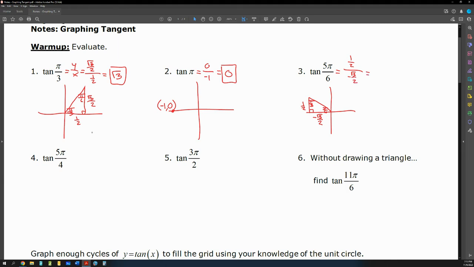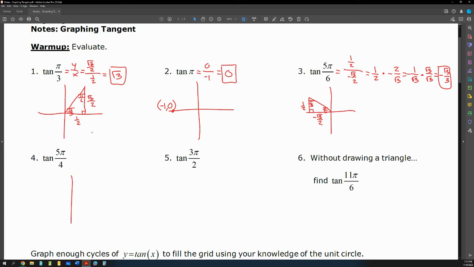So this is equal to 1/2 divided by -root 3 over 2, or multiplied by the reciprocal, times 2 over root 3, negative. We get -1 over root 3, and rationalizing the denominator by multiplying by root 3 over root 3, we get -root 3 over 3.